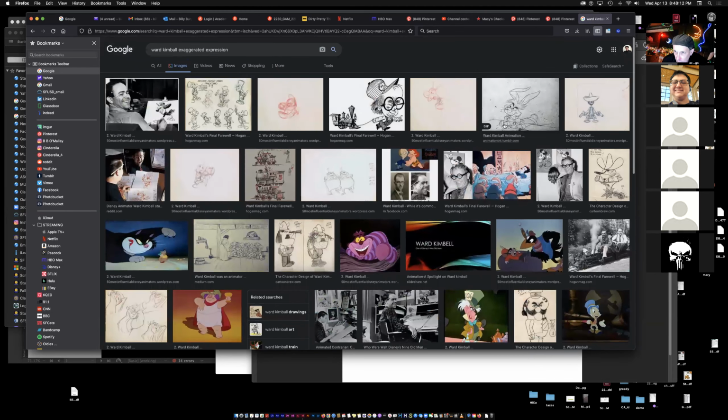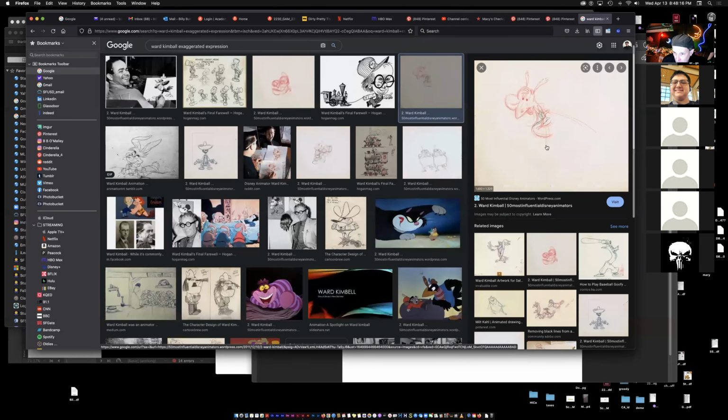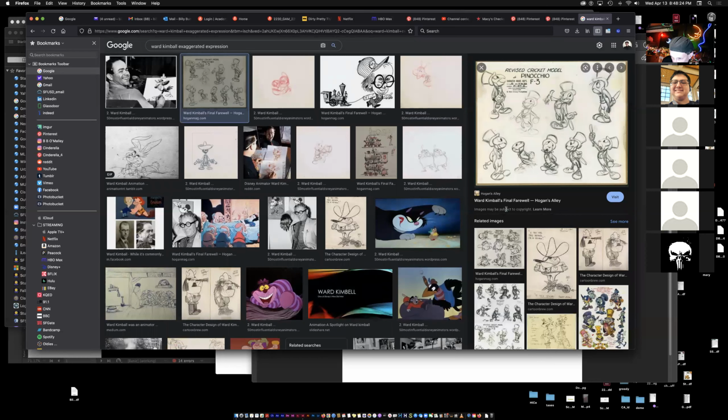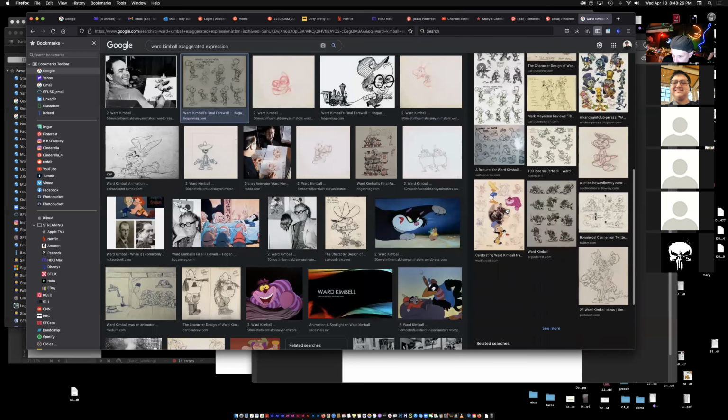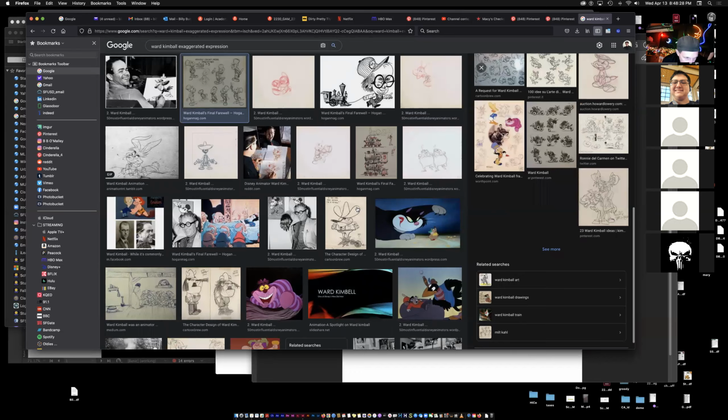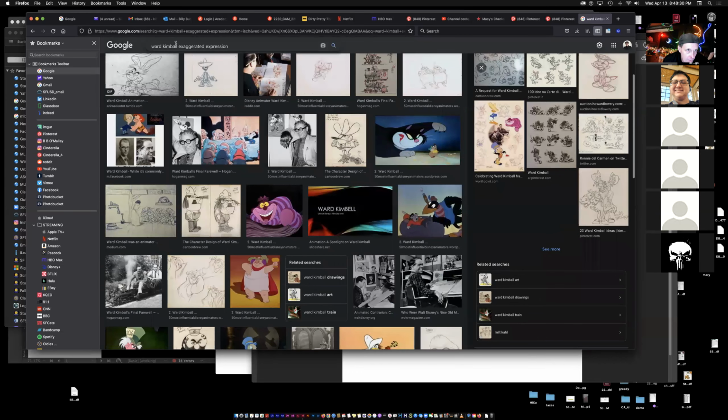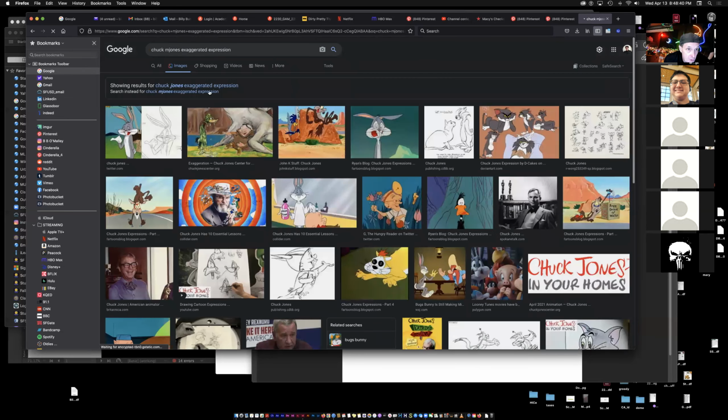So Ward Kimball was responsible for a lot of the cartoony stuff that was going on at Disney, whereas a lot of the other animators at Disney were very illusion of life, very strict to the rules of Mother Nature. Another one would be Chuck Jones. Oops, I spelled Chuck Jones wrong.